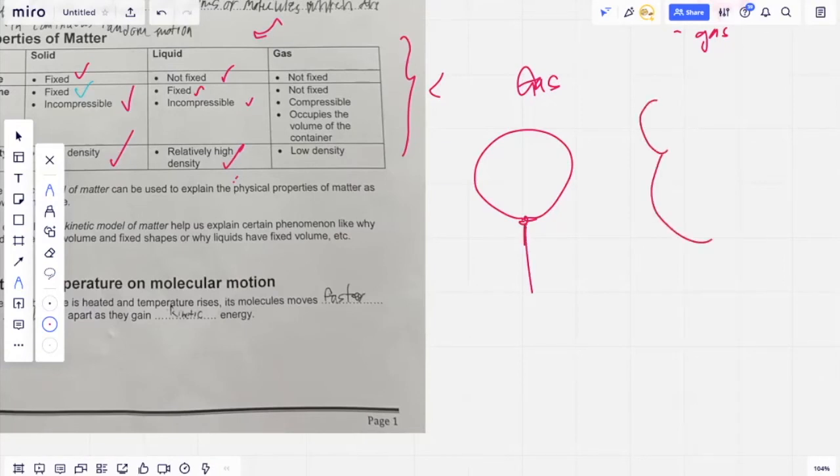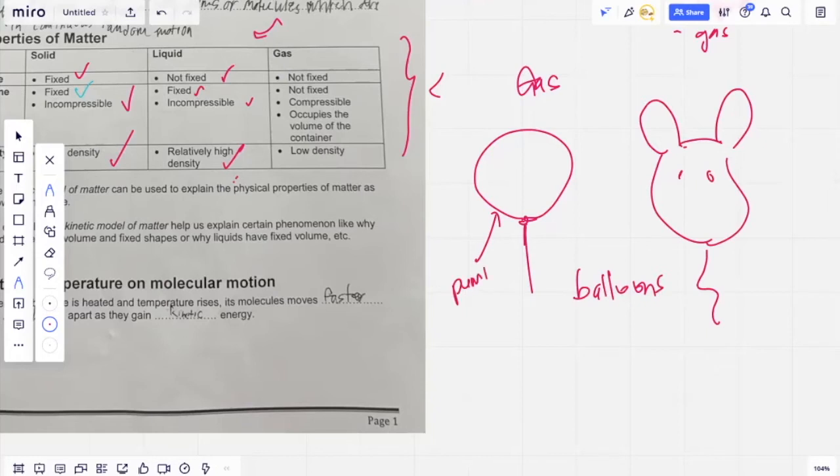Then we have this kind of weird shaped balloons. What other shape do I have? Then sometimes they have those aeroplane balloons, etc. So to fill up balloons, you pump in air.